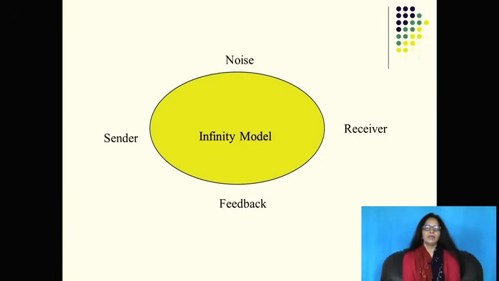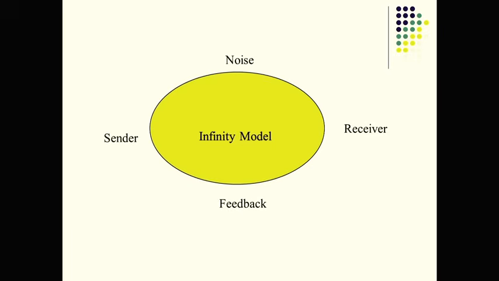So we look at the infinity model. As I said, that one two-way process does not complete the communication loop. It leads to more transactions. So when the person smiled at you, you walked across and greeted the person, shook hands with the person, and then you were exchanging notes on your background, and by the end of the party you were planning to have dinner together somewhere, or meeting on the weekend for another get together and thinking of doing things together.